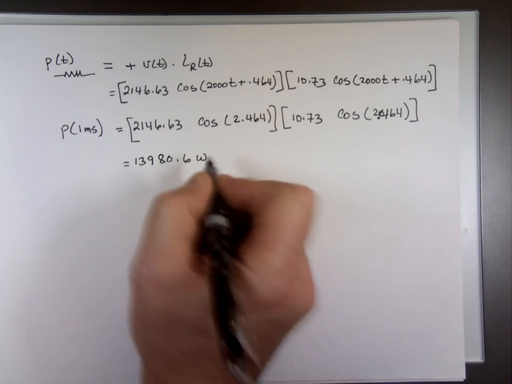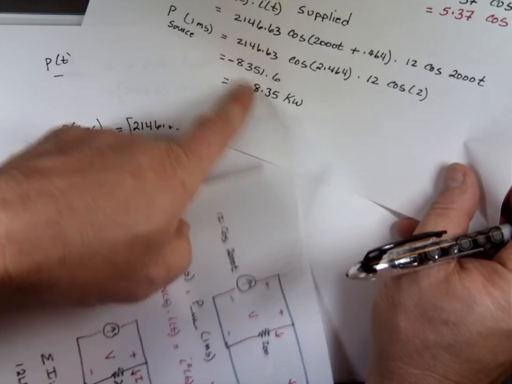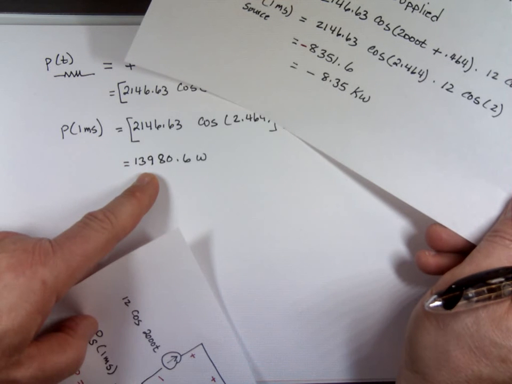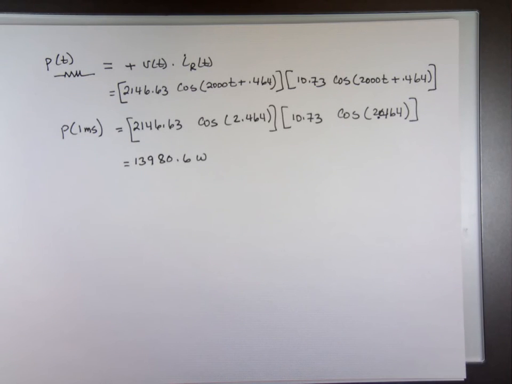Interesting. Notice the source is supplying what? 8,000, and this one's taking what? 13,000. What's happening there? They mentioned something in the problem. Let me just read it again to you. A current source of 12 cosine 2000t amps, a 200 ohm resistor, and a 0.2 henry inductor are in parallel. Ready for this?